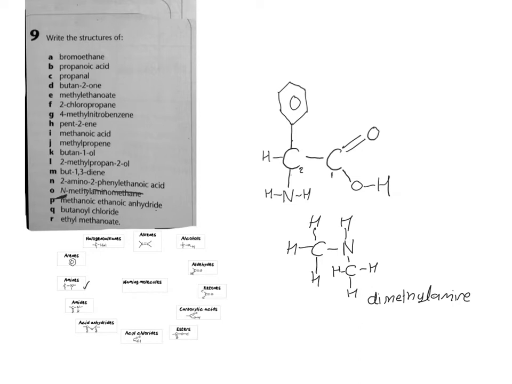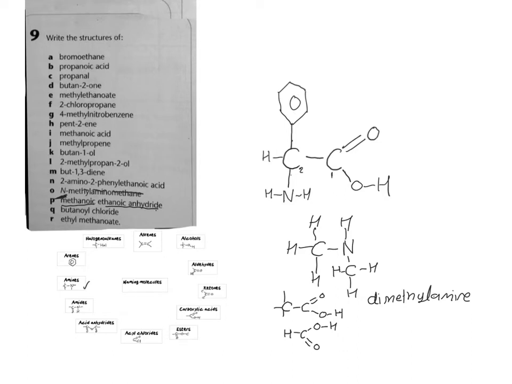Let's now look at P, which is methanoic ethanoic anhydride. Remember we said that anhydrides were 2 carboxylic acids with water removed. So here is ethanoic acid, and here is methanoic acid, and notice I'm drawing the OHs next to each other.